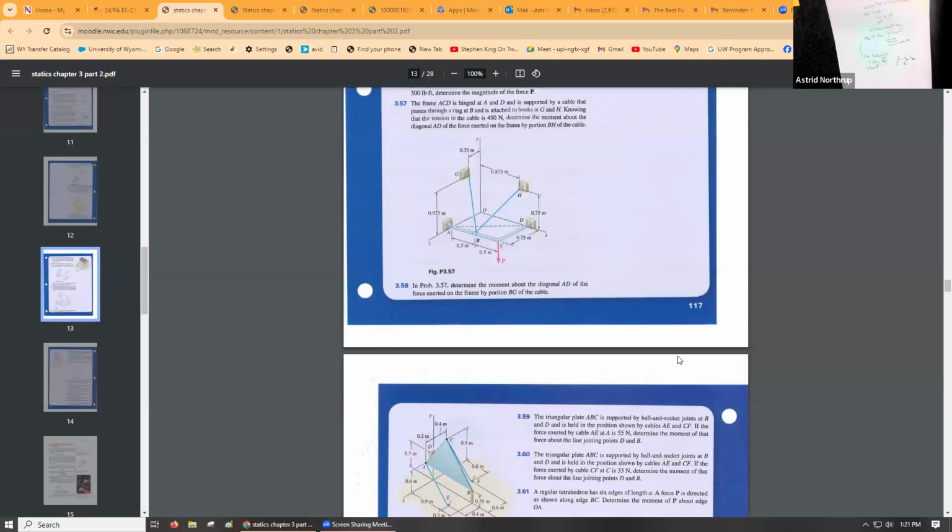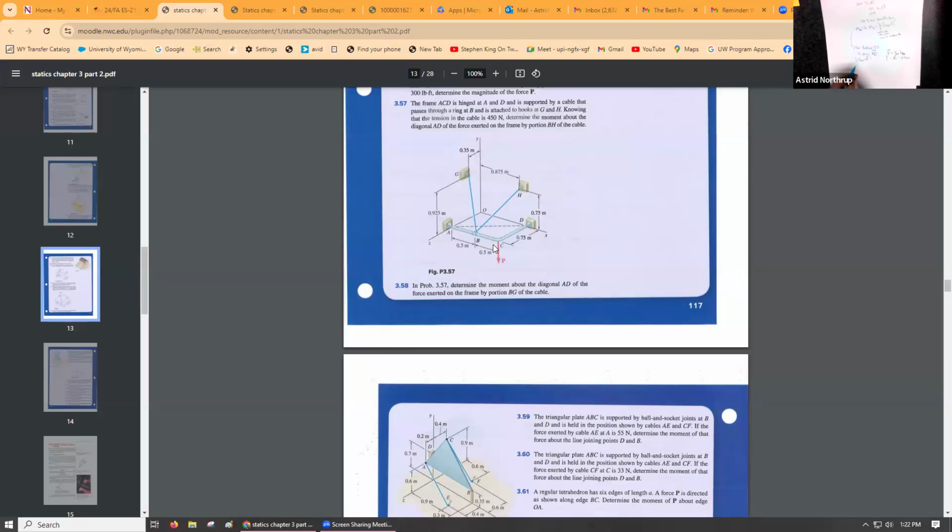First of all, let's just start with the vector B to C, which is my R. B to C extends in the X direction, and it goes from 0.5 meters to 1 meter. So the entire vector BC can just be expressed as 0.5 meters in the I direction.